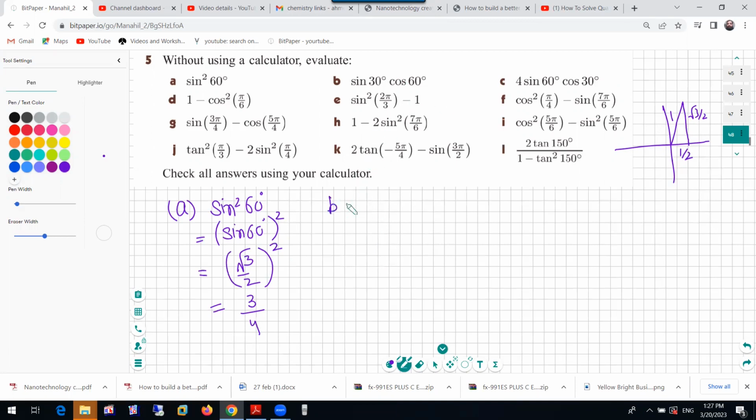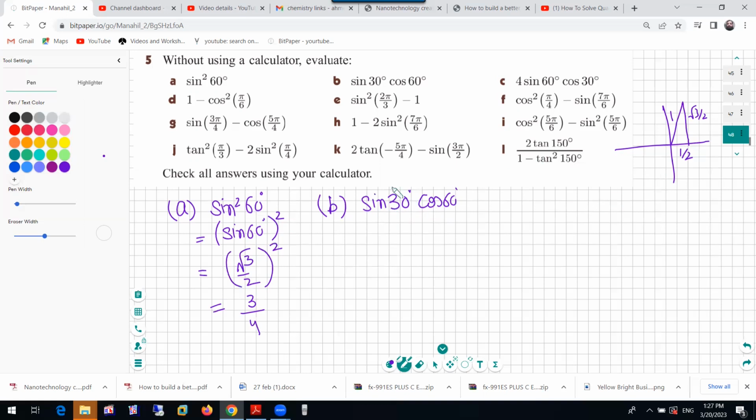And similarly, we can solve part B, sine 30 times cos 60 degrees. I already told you that the sine 60 value is equal to cos 30. Got it? And cos 30 is equal to sine 60, or cos 60 is equal to sine 30.